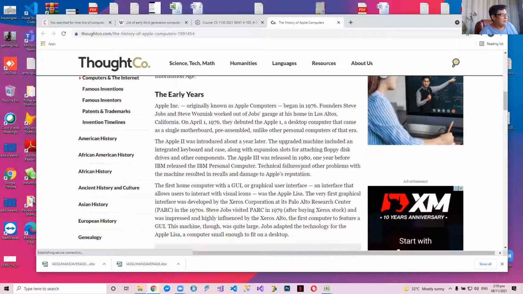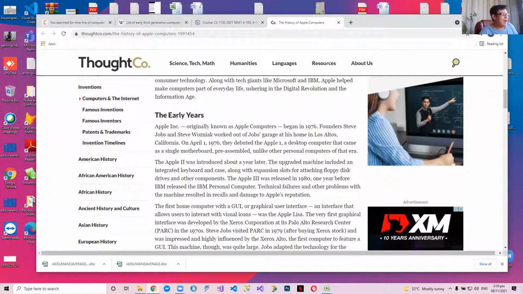Okay. Began in 1976. The founders were Steve Jobs and Steve Wozniak. The same people who are working with your iOS, no? Cell phones. Okay. In 1976, they debuted the Apple I desktop computer that came as a single motherboard, no?